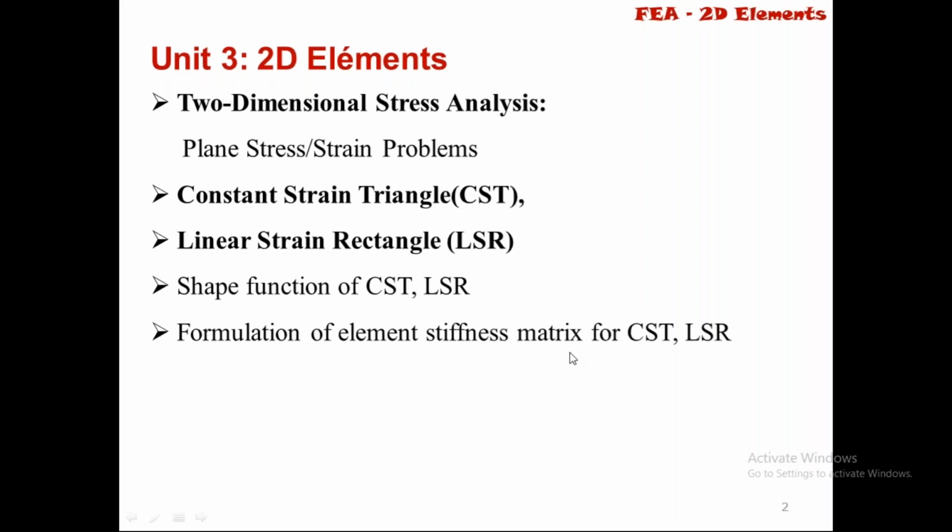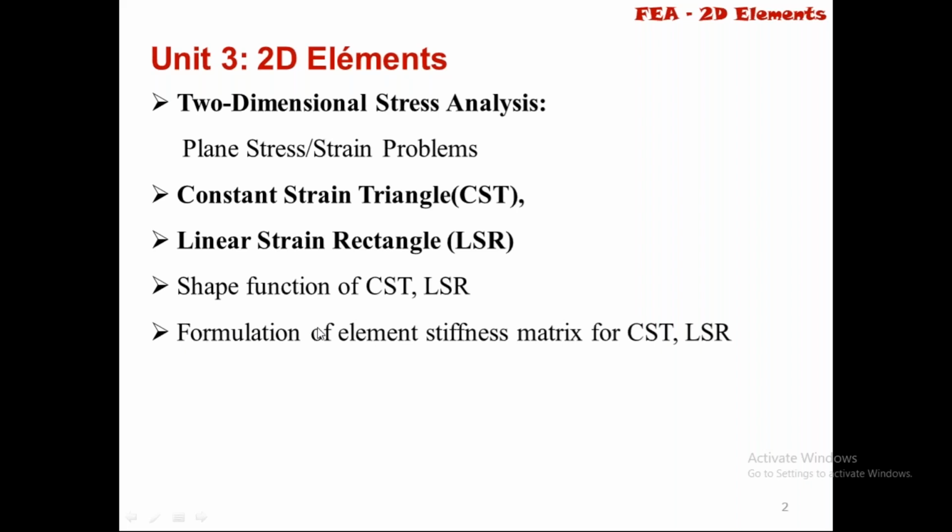First we discretize the object, then formulate the element stiffness matrix, then club all element stiffness matrices and form the global stiffness matrix. After that, apply boundary conditions. Next step, find out displacement. After that, find out stresses and strain.